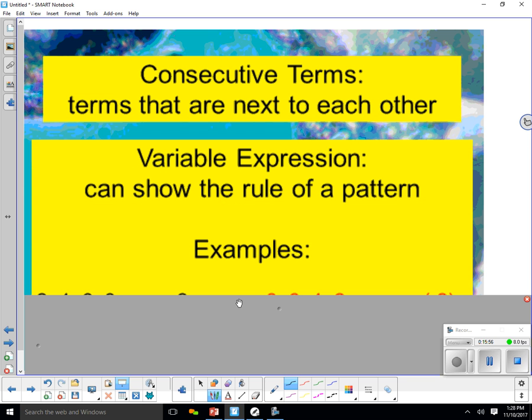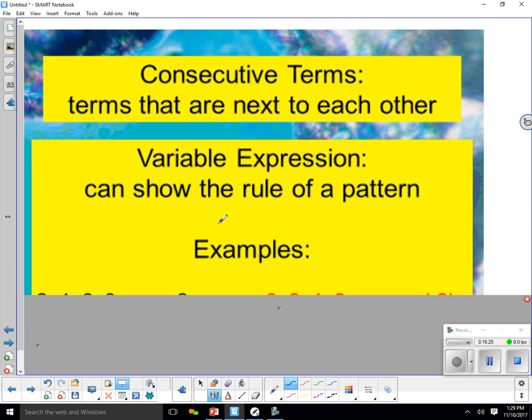All right. Consecutive terms. When I talk about consecutive terms, that means the numbers that are beside each other in a sequence or the pattern. Okay? If I was talking about you guys sitting in consecutive seats, Colton and Mason are in consecutive seats. Shelby and Colton are not. Okay? Consecutive means they're one right after the next. Now, a variable expression can show the rule of a pattern.